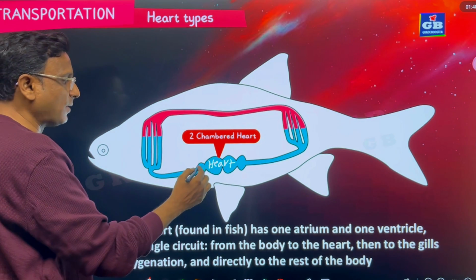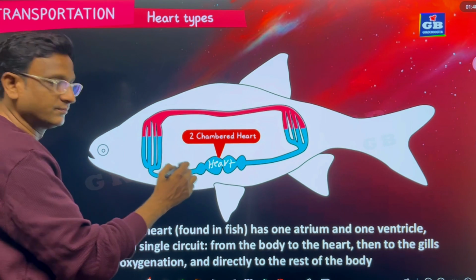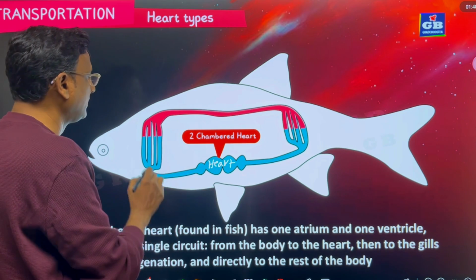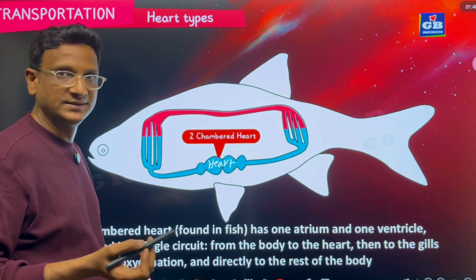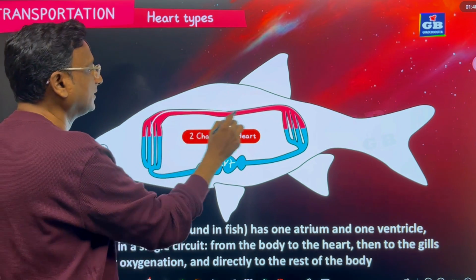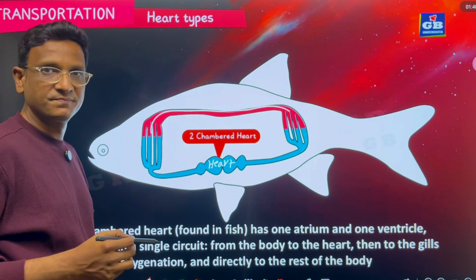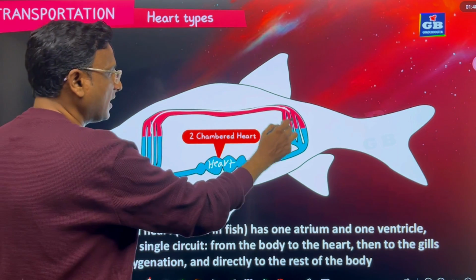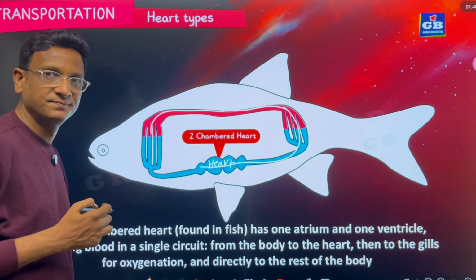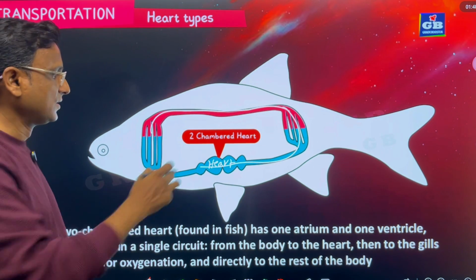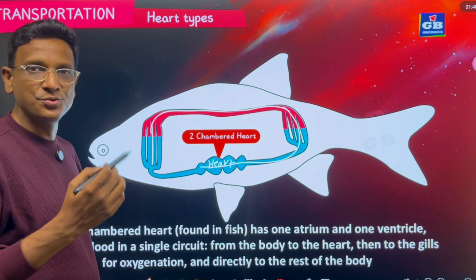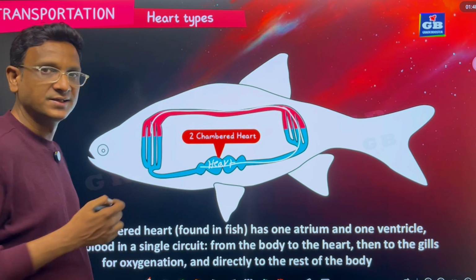So the blood that is pumped by the heart goes to the gills for oxygenation. From here the blood goes to body parts, and from the body parts again the blood is collected by the heart. So heart to gills, gills to body parts to heart.